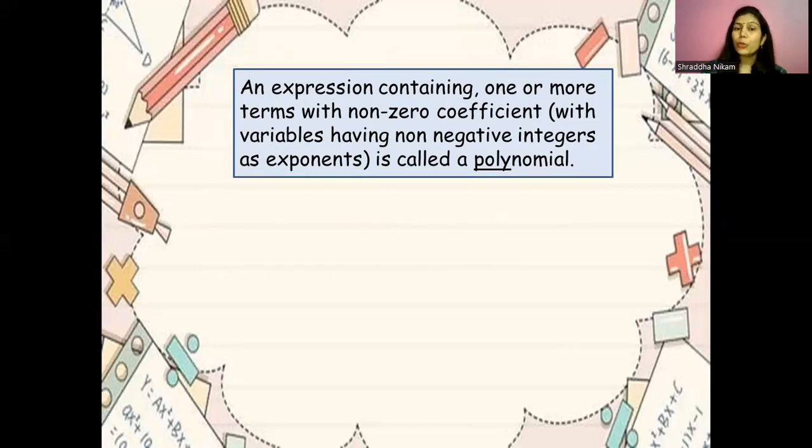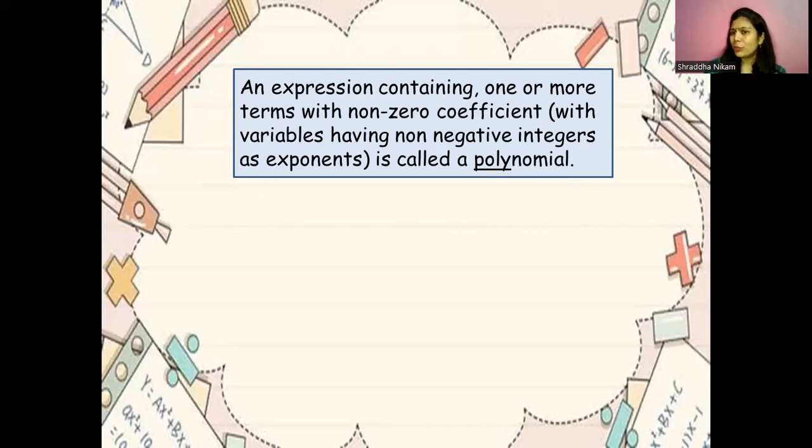And we are going to discuss the part about variables having non-negative integers as exponents in the next session. But in this session, just keep in mind that a polynomial has one or more terms with non-zero coefficients.